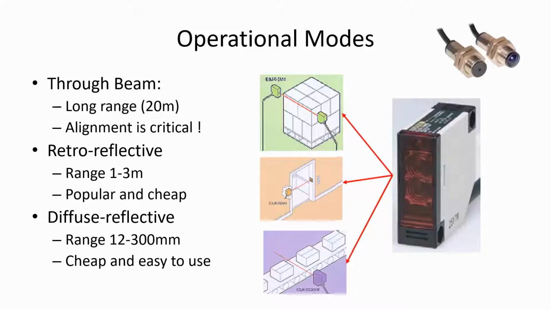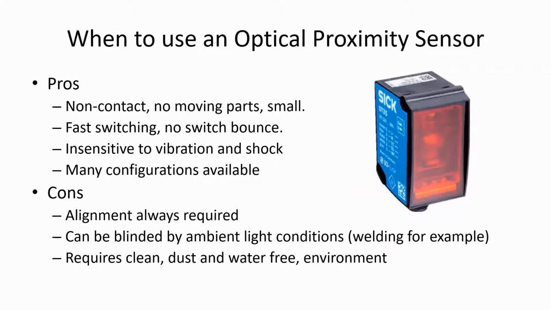There is no reflector or source on the opposite side; the source and the receiver are in the same module, facing the same side, but the reflection comes from the object. That's why the sensing range is very small in this type. So these are the three modes of operation, or three different types of optical proximity sensors.